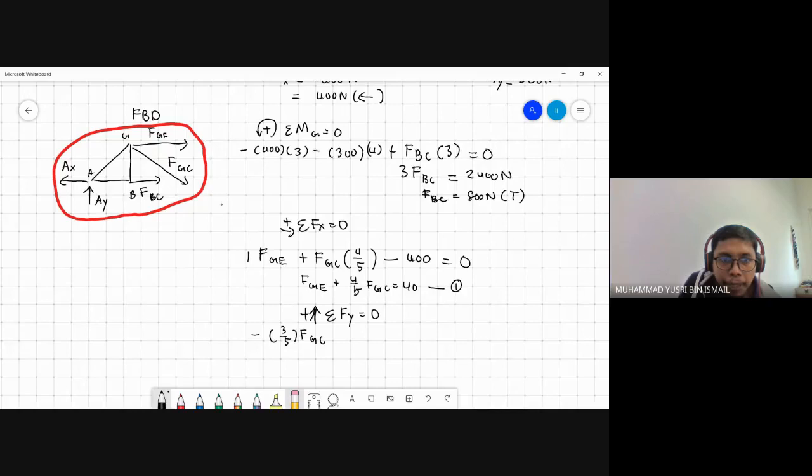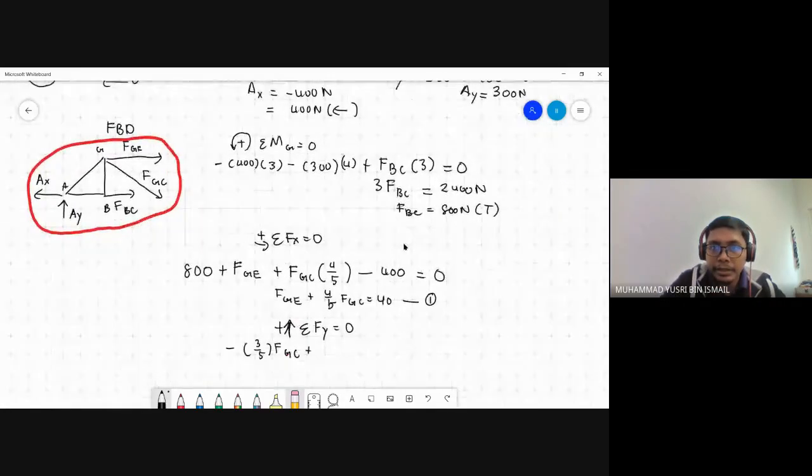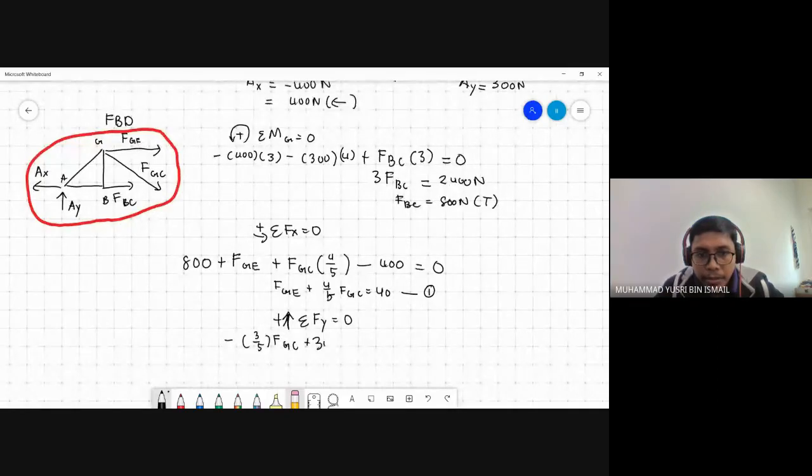Plus with FBC, 800. Then FGC, 3 over 5 going downward, plus AY, equal to 0.